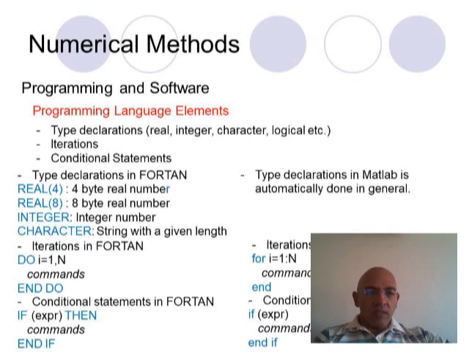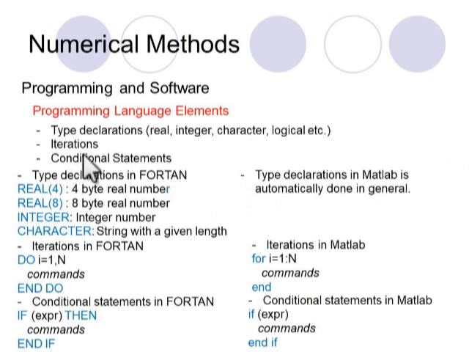Okay, let's look at Fortran and MATLAB. First thing is the type declarations. So what is a type declaration? You define a variable. That's the first thing in a programming language. For example, real, so that is the real numbers.